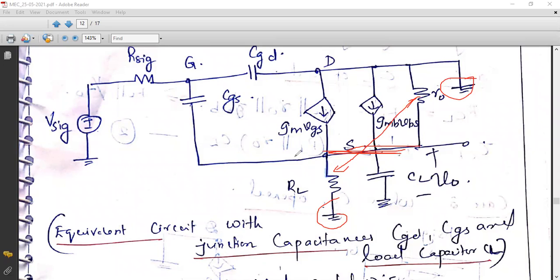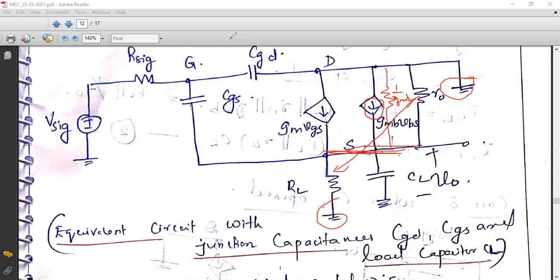So RL is parallel to R0, and instead of this current source, I have inserted a fixed resistance. Already you know in a T equivalent circuit how I drew it in the second module, right? Whenever we replace it with a current source, I have to insert a resistance whose value is the reciprocal of the conductance. GMB is a conductance, so the resistance is 1 by GMB.